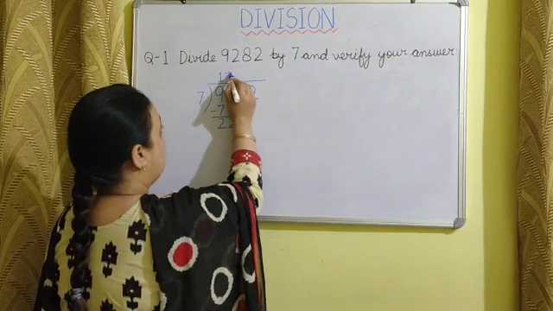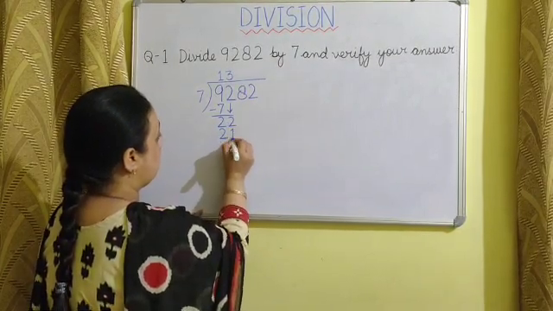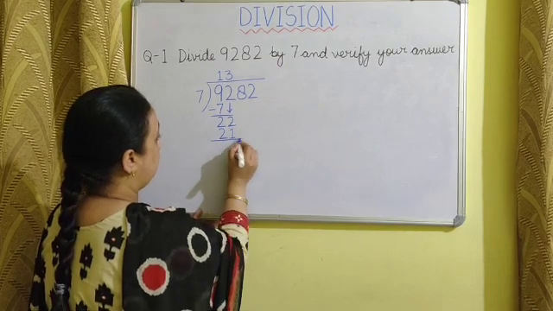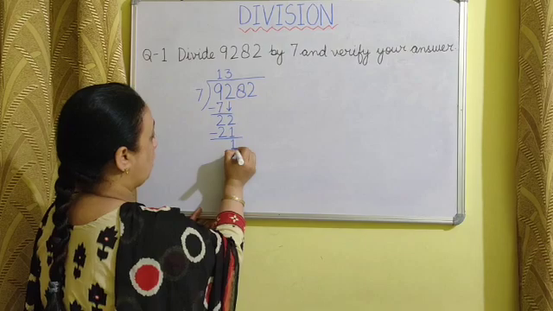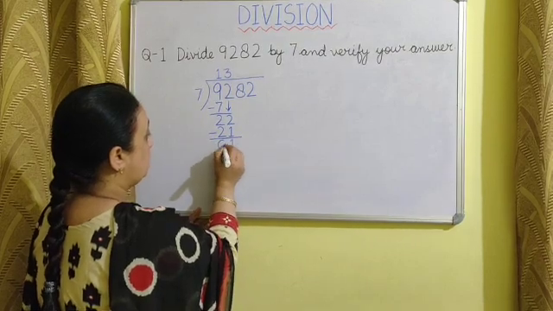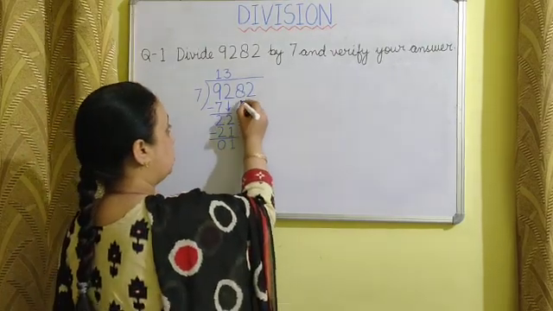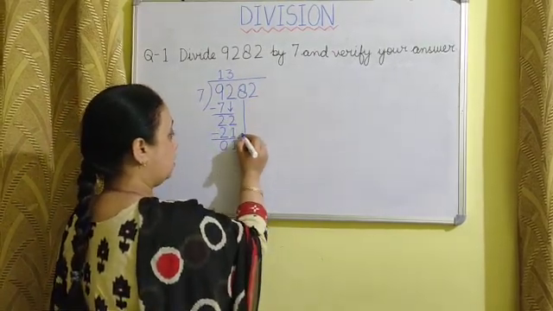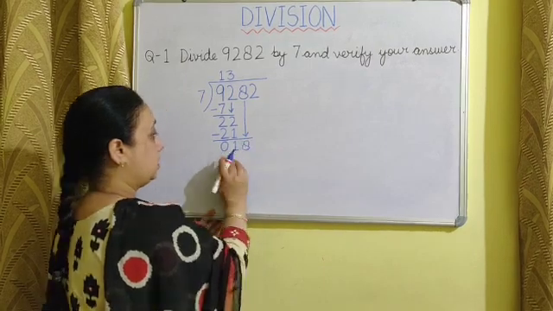So we'll write 3 here and 21 here. Subtracting, 2 minus 1 is 1 and 2 minus 2 is 0. Now we have to copy down the next digit, that is 8 here, and now we have the number 18.